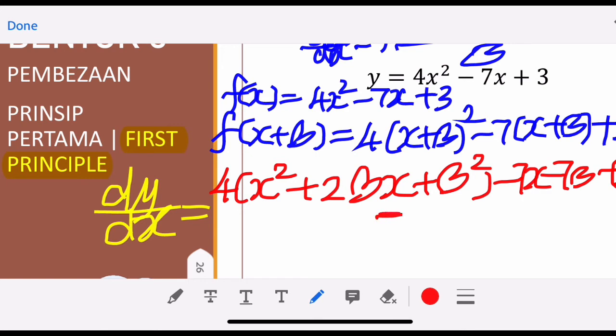So you have to minus out with a bracket for x squared minus 7x plus 3.